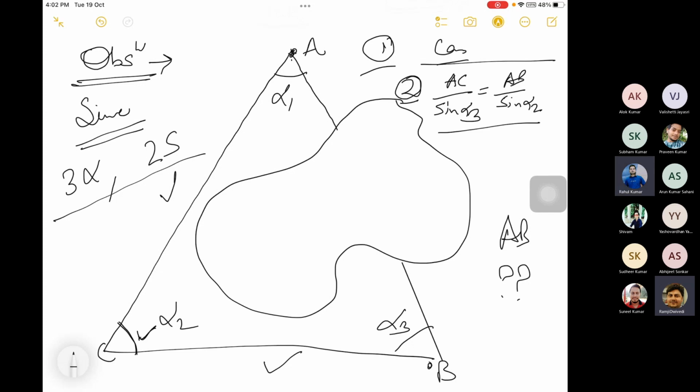और कोई नहीं होगा, सोच लीजिए। क्यों भाई? जब आपने AC upon sin alpha 3 is equal to AB upon sin alpha 2 किया, तो तीसरा क्या बचा?